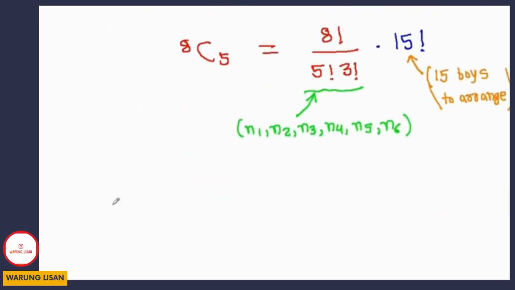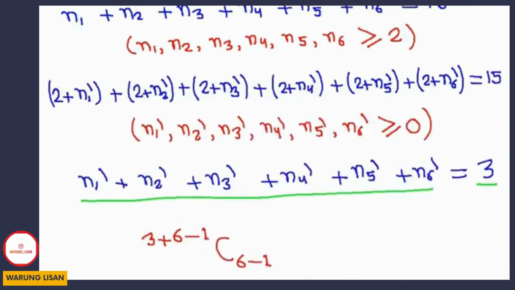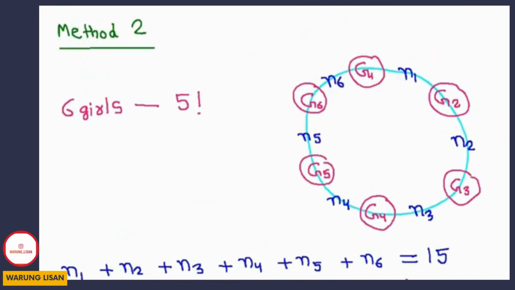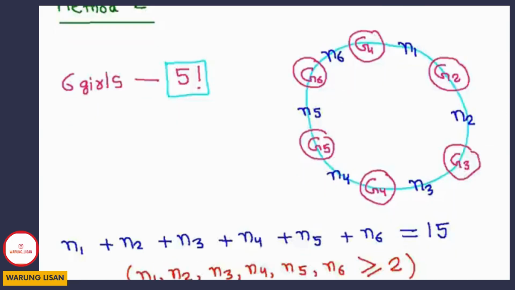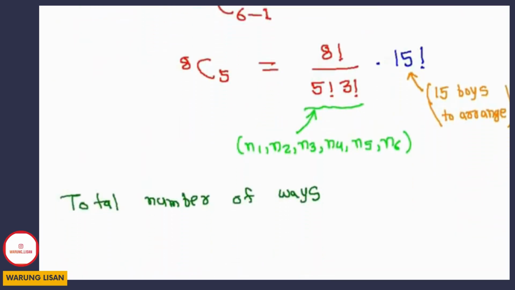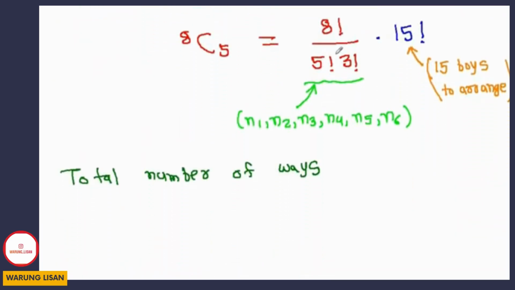So the total number of ways will be here. Number of ways to arrange girls is 5 factorial, and number of ways to make group of boys is 8 factorial by 5 factorial into 3 factorial, and number of ways to arrange boys is 15 factorial.